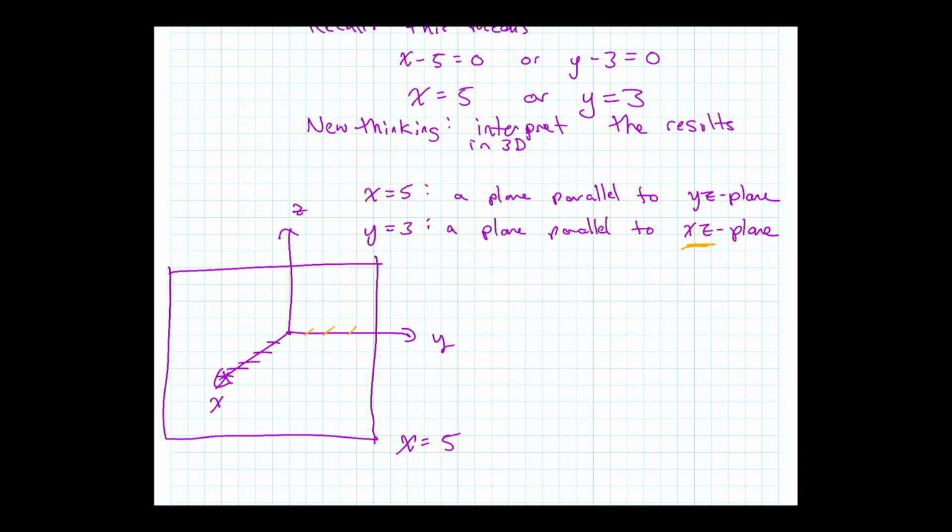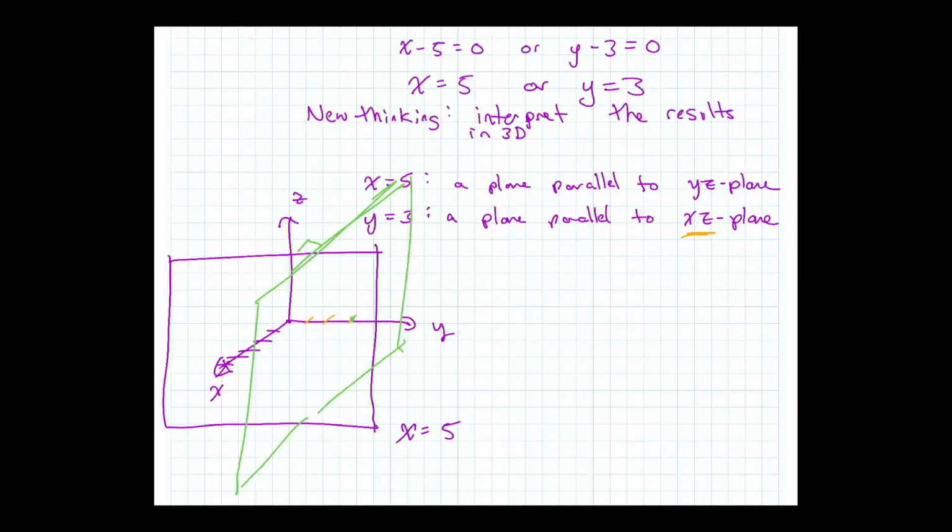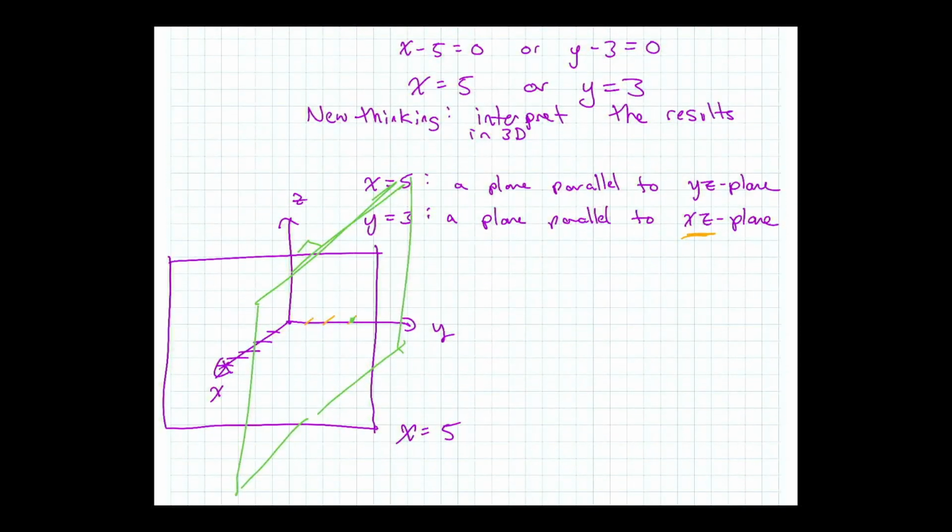So I'll pick a different color. It intersects there, but then it's like this. Like that. So these are actually at right angles to each other. It's hard to tell that, but they are. And they actually happen to intersect, and they intersect at a line here.